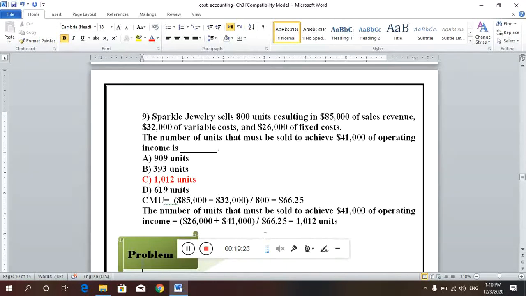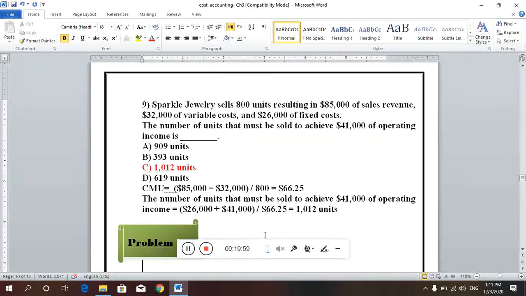It will equal $66.25. The number of units that must be sold will equal fixed costs plus operating income divided by the $66.25. It will be equal 1,012 units. This is the number of units required to achieve an operating income of $41,000.